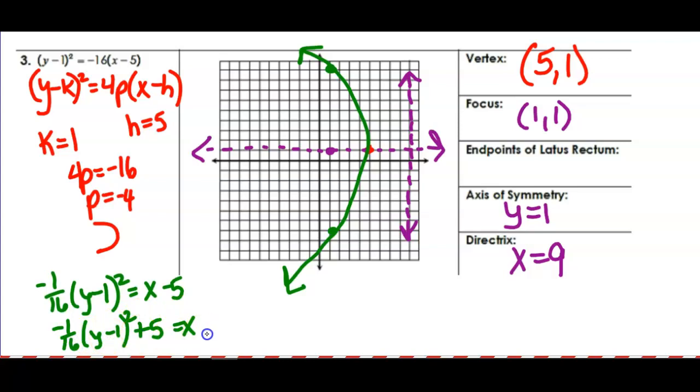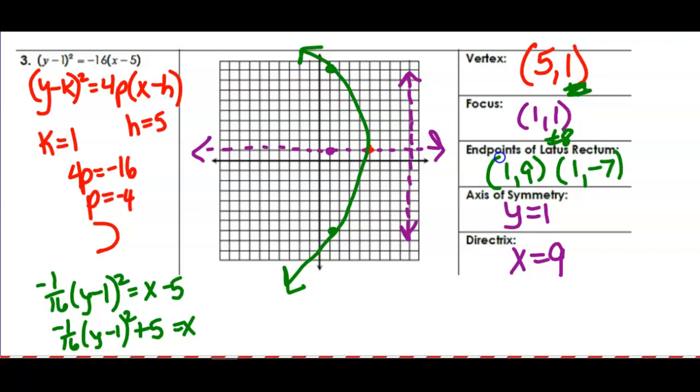Remember when we had vertex form and a 1/16 meant it opened down and was very wide. The smaller the number, the wider the parabola. Okay? That's what's happening here. It's just going sideways. All right, so let's see. We went, what did we say, 8 units up and down from the vertex? No, from the focus, just kidding. So we'd be at 1, 9 and 1, negative 7.